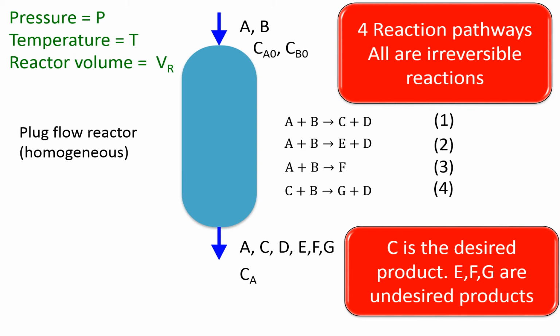So the reactor outlet stream consists of A, C, D, E and G. Reactant B is consumed completely. C is a desired product in this reaction.